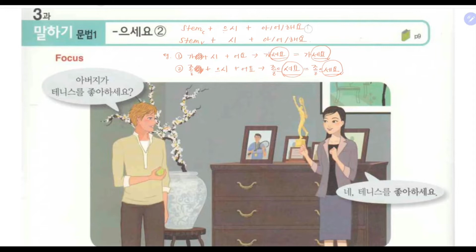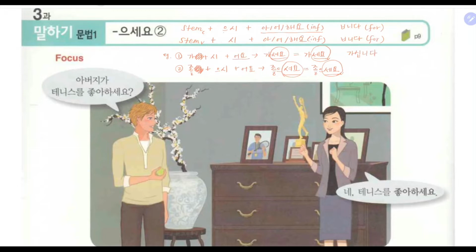Done? 그러면 how about the formal ending? 자, we used the informal polite ending here. How about the formal ending? 어떻게 말합니까? Instead of 해요, you can change it to 습니다. This is formal. 자, 그러면 가세요 in the formal ending 어떻게 말해요? 가십니다.